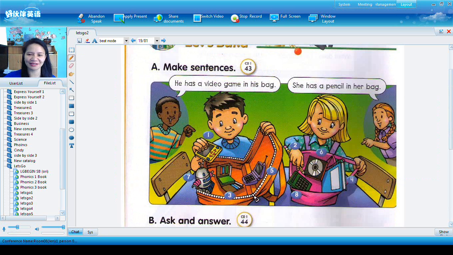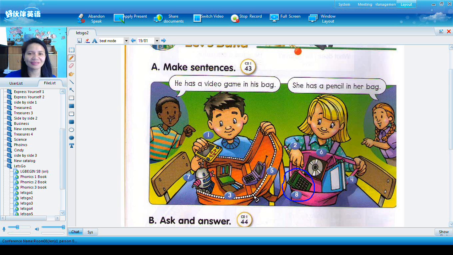Now let's have this one. What does she have? You'll say, she has a notebook. Again, what does she have? You'll say, she has a notebook. And look at this one. What does she have?